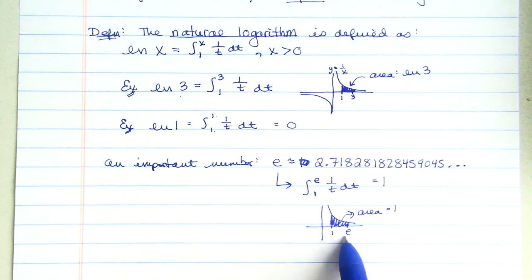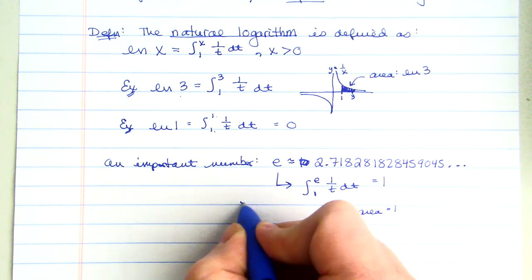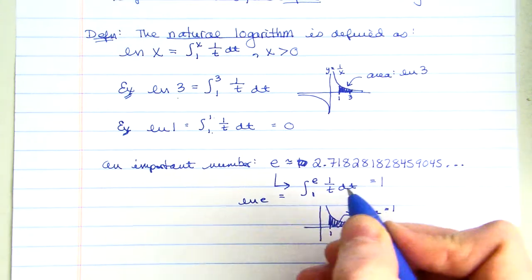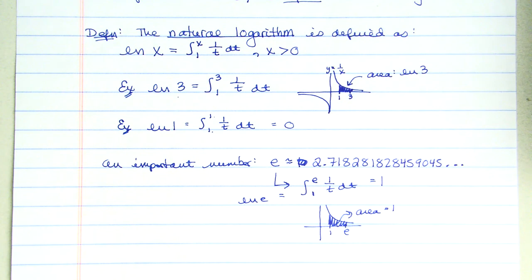Integrate from 1 to 2.718281828459045. That area will be exactly 1, which is like me saying the natural log of e is going to equal 1. Take a moment, make sure all this is in your notes, and then after that, we're going to take a look at the sheet in your packet of handouts titled Pre-Calc Review of Natural Logarithms.